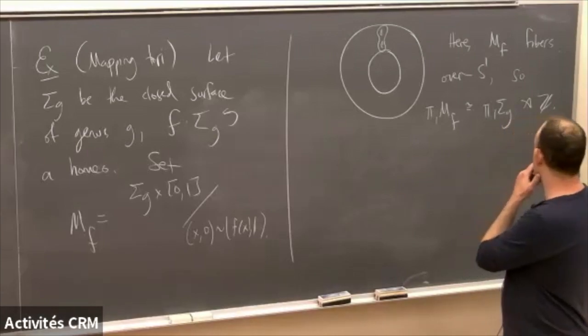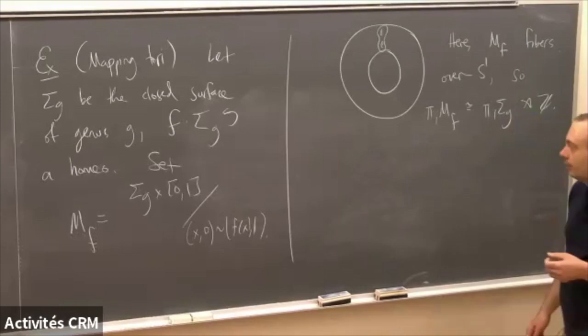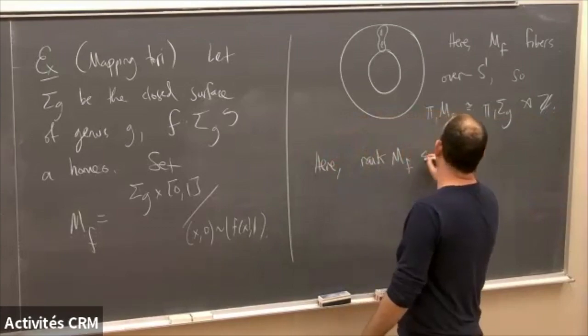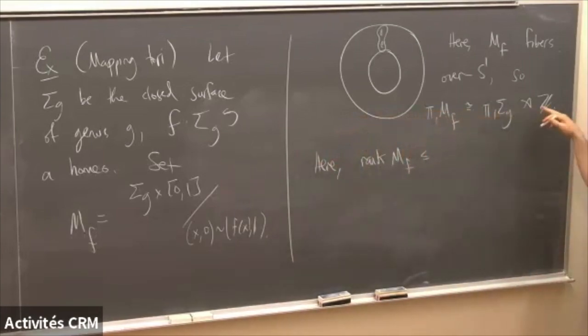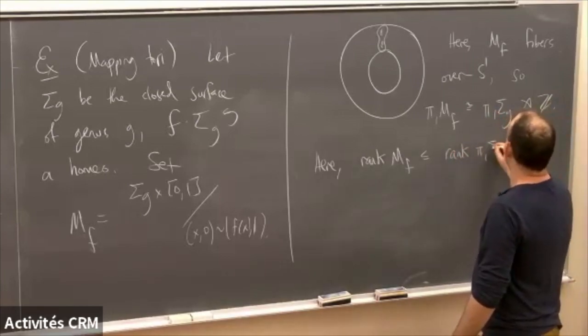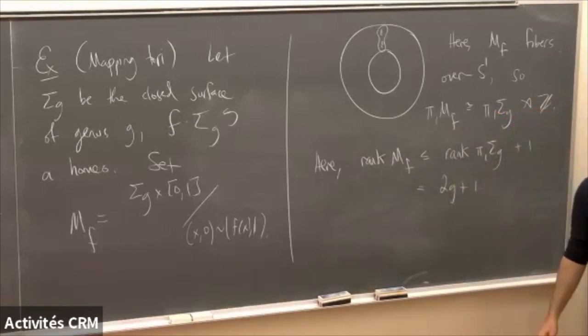In particular, from this, what's the rank of M_f? In general, the rank of M_f depends on f, but we can give a nice upper bound. The rank of M_f is at most: if I have a semi-direct product like this and I want to generate that group, then it suffices to take generators for pi1 of sigma g and one generator for Z, so you get rank of pi1 sigma g plus 1, so that's 2g plus 1.